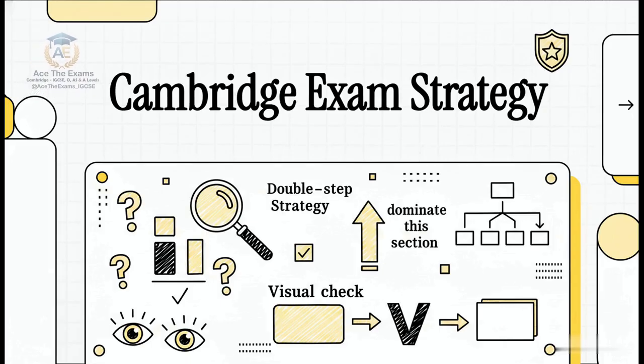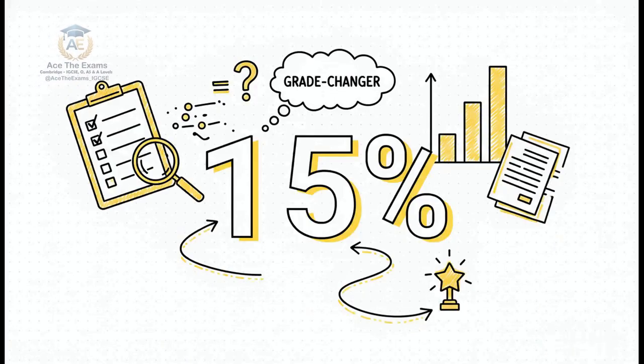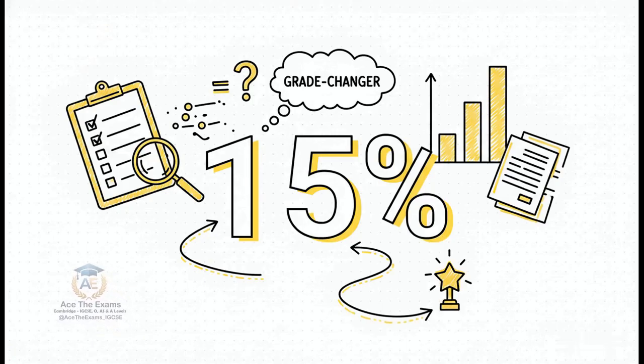All right, let's get right to it. 15%. I want you to really let that sink in for a second. 15% is the sheer weight the topic of data verification carries in Paper 2 of the Cambridge 9618 exam. I mean, in the high-stakes context of an A-level examination, that's an absolute game changer, right? It's literally the difference between grade boundaries.